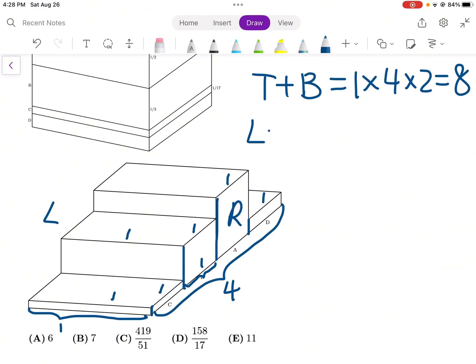So left plus right equals 1 multiply 1 multiply 2 equals 2.